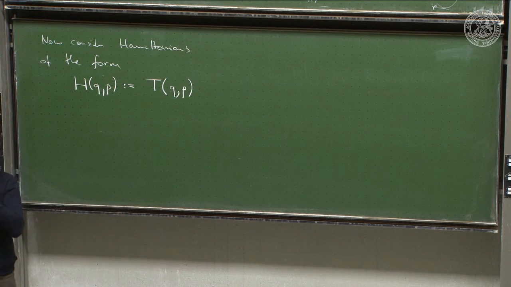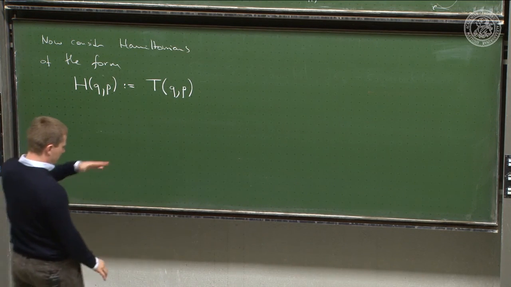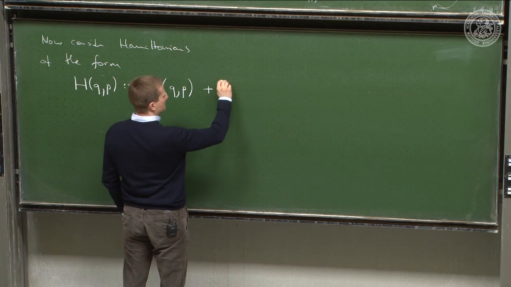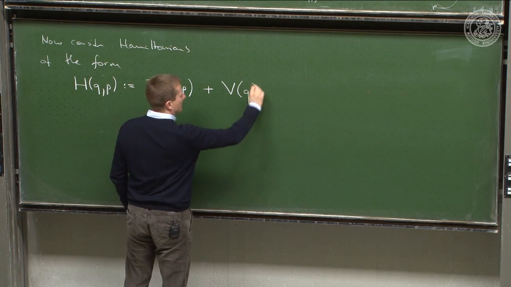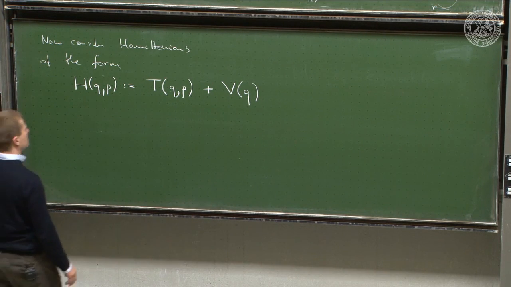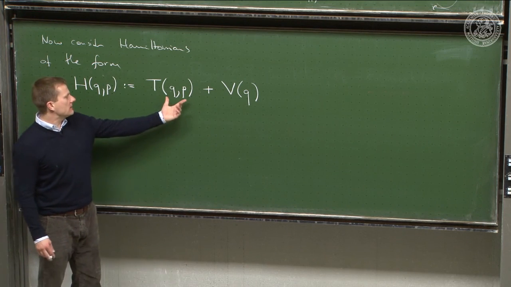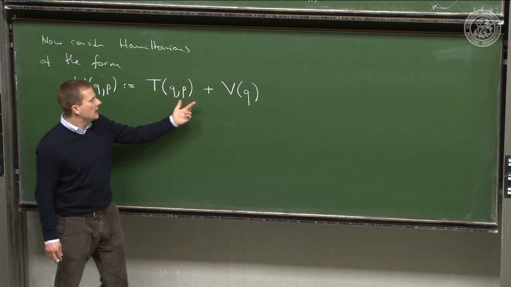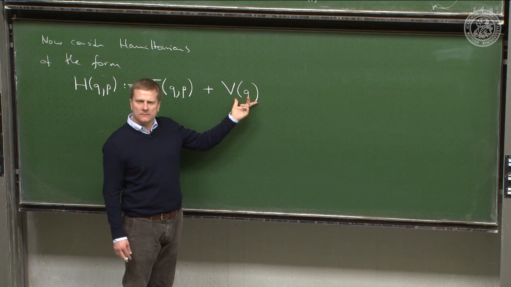This is usually not done in flat space, in flat base space, but here we'll allow it, plus a potential energy part, which, however, we now require to depend only on q. So this should be a clear split. All the dependence on p goes into this kinetic part, and all the remainder goes there.